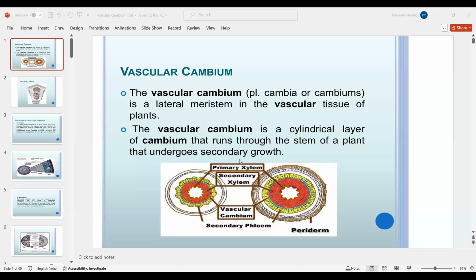In any competitive exam, including CPGET, a minimum of 2 to 3 questions come from plant anatomy, secondary growth, anomalous secondary growth, and vascular bundle, especially vascular cambium, fascicular and interfascicular cambium, and also the terminology of secondary growth: phellum, phelloderm, phellogen. These are the most important terms, my dear friends. Without these terms, there is no question paper in your CPGET 2024.